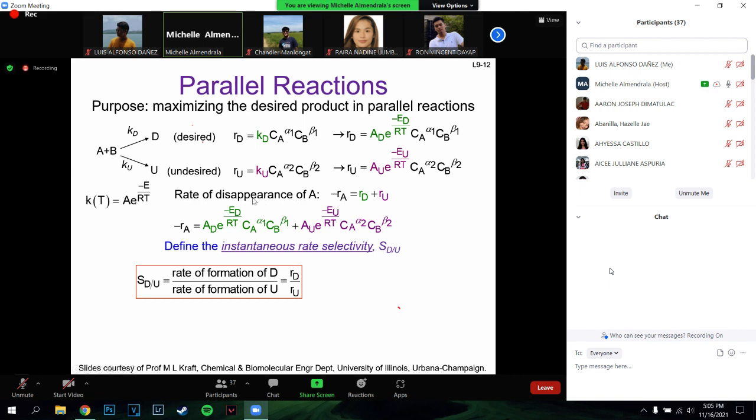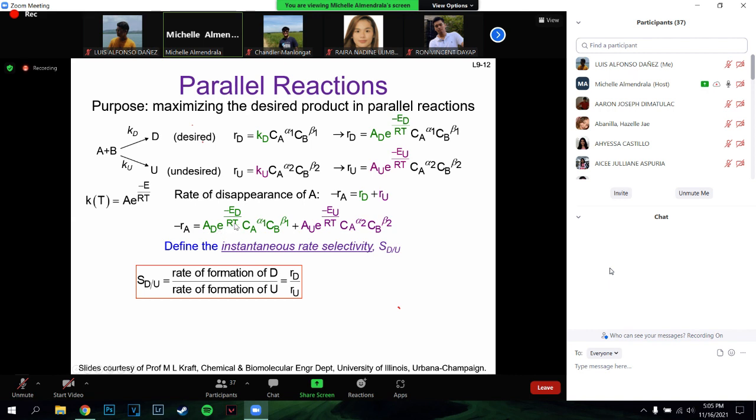The rate of disappearance of A will have to be dependent on two rates that are competing, right? We are saying that these two are competing with respect to A. And so the rate for the formation of D plus the rate for the formation of U will be the net rate for reactant A. And so you have, of course, defining your k as a function of temperature.